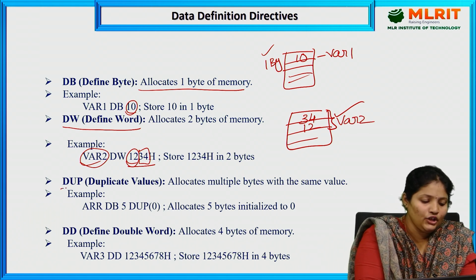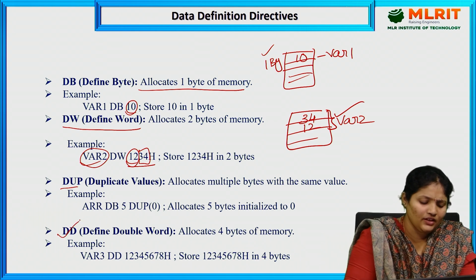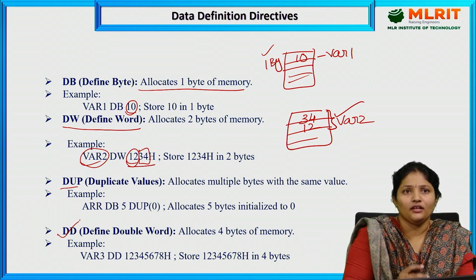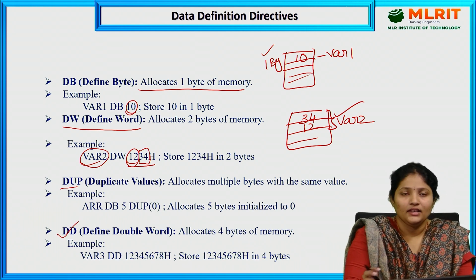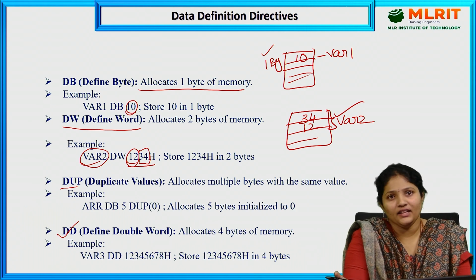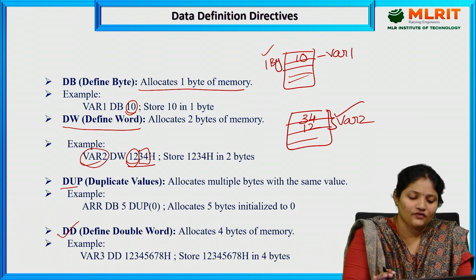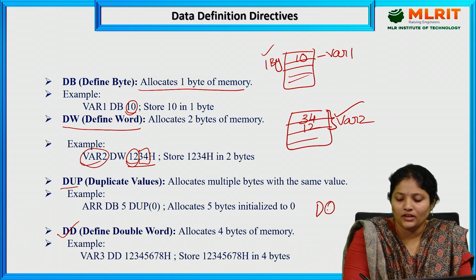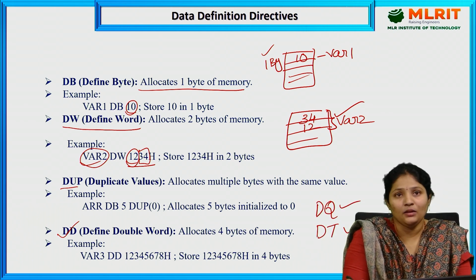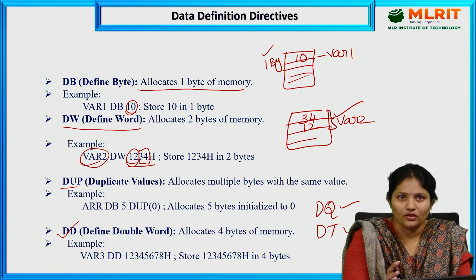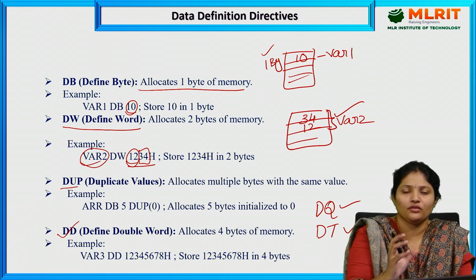Next, DUP. Like DD word, there will be DQ word, define quadruple words, and DT, define 10 bytes. Those are the other assembler directives in the same data definition directives. DQ means it will reserve quadruple words, and DT means it will reserve 10 bytes of memory to store that data.